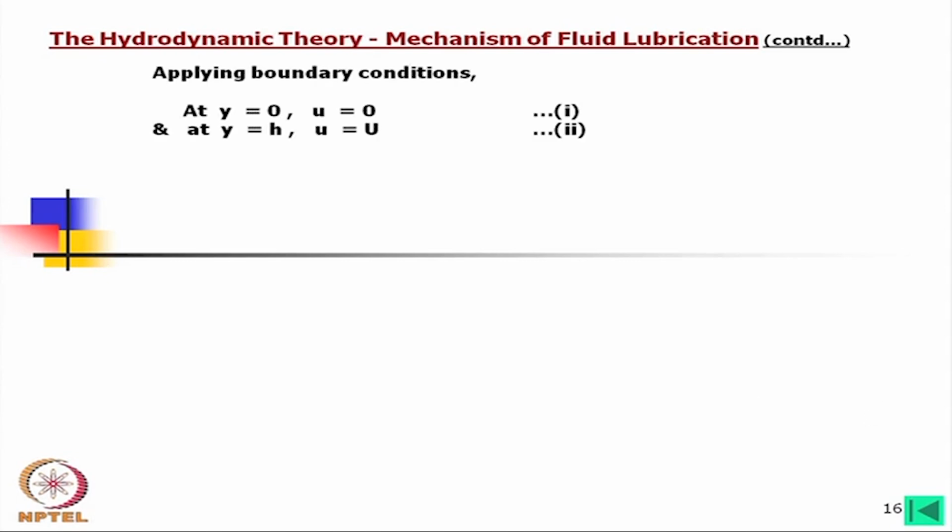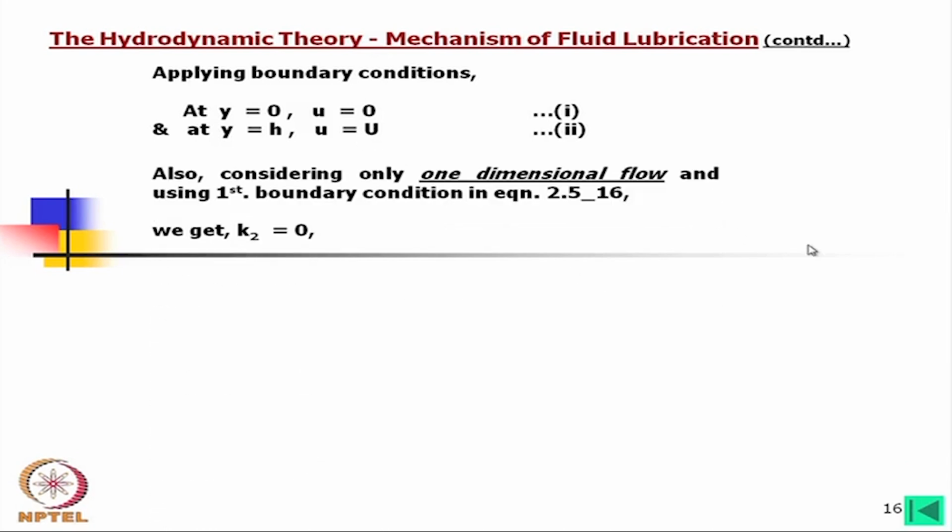Now, we apply the boundary conditions. Here the boundary condition is that when y is equal to 0, u is equal to 0, and at y is equal to h, u is equal to U, where U means the velocity of the moving plate, capital U. Also, we are considering only one dimensional flow; for deriving this equation, the flow is only in the direction of the capillary passage, in the x direction.